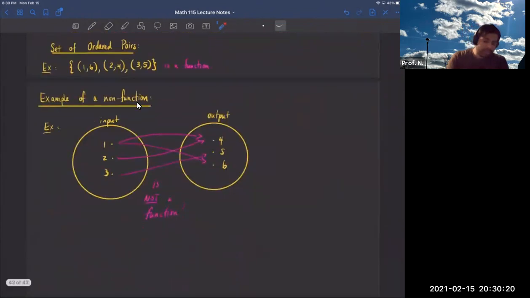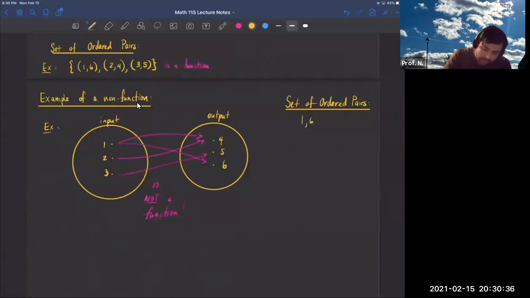And if I were to express this as a set of ordered pairs, then I would have 1 comma 6, 1 comma 4, 2 comma 4, and 3 comma 5.